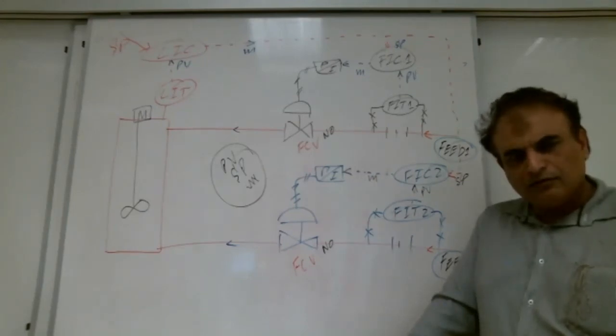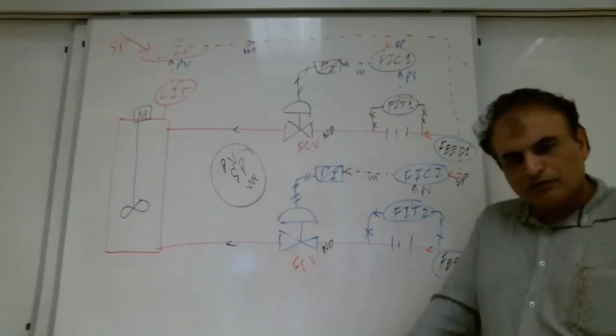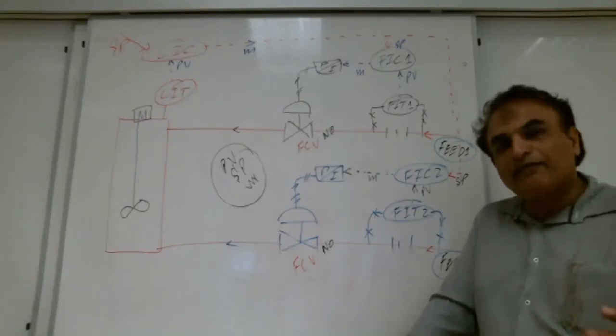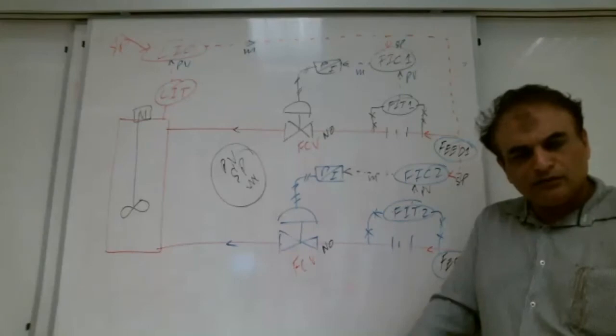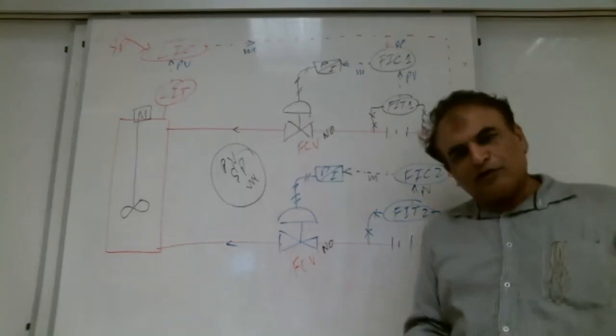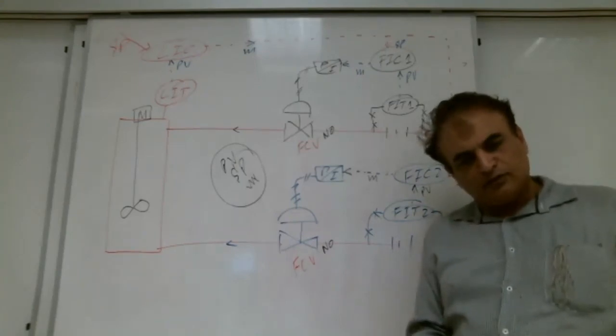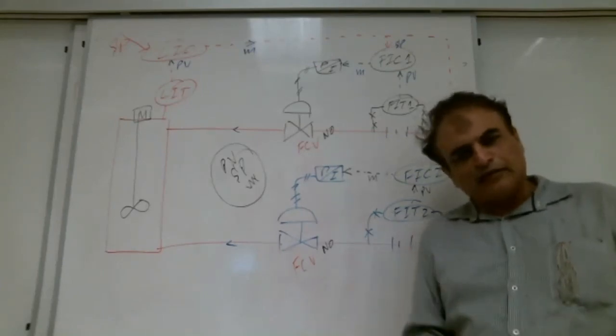No. So it should be normally closed, so whenever you want, it gets opened. When you push the accelerator, you are opening it more. If you leave the accelerator, you close it, right?